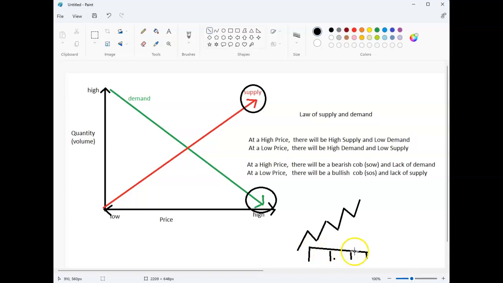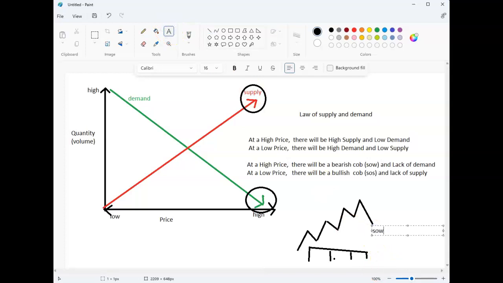All right, it's going to do that until it gets very small. At that time, you will have your sign of weakness.